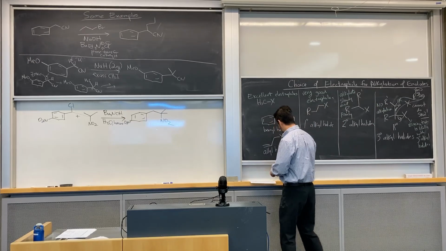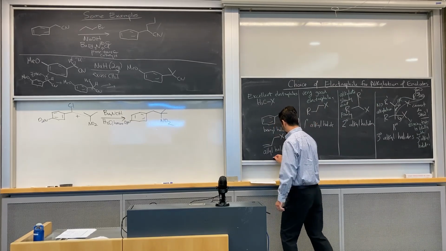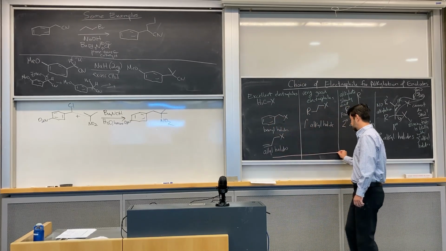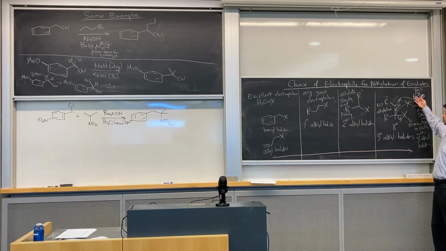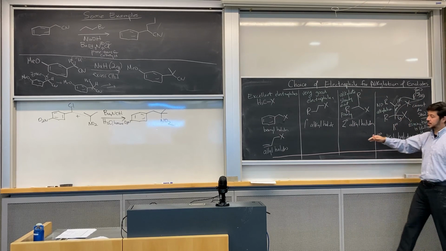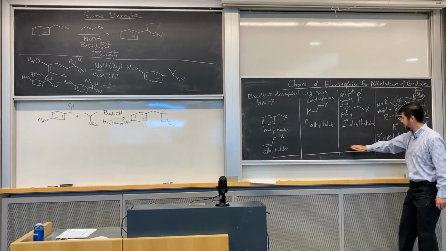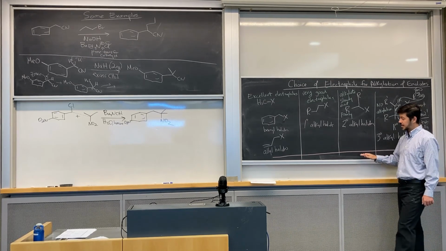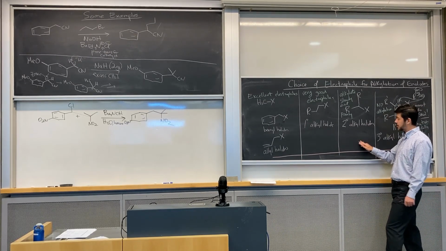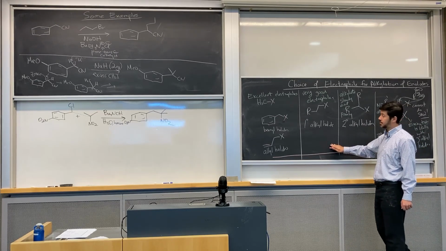And in general, as you go from left to right, the risk of elimination, as I'm showing you here, increases as you go from here all the way up to the tertiary one. So with the tertiary alkyl halides, it's definitely perhaps one of the only side products that you'll get. But that risk is inevitable also with secondary alkyl halides and also primary alkyl halides.